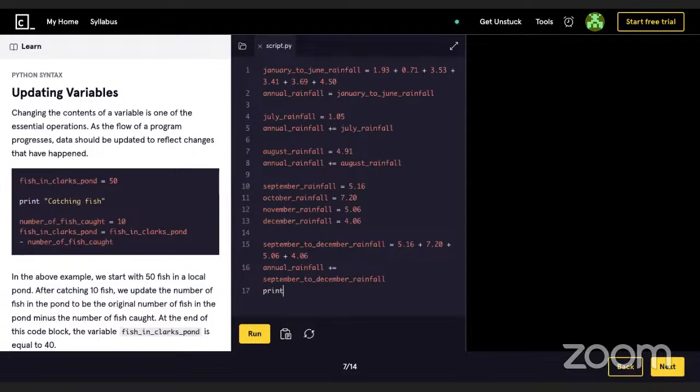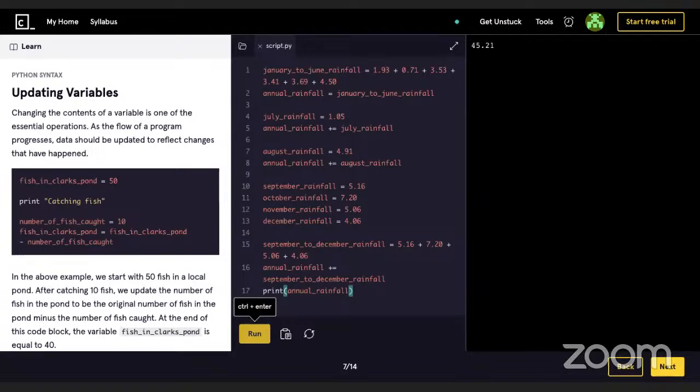Then you put brackets. Then you put annual_rainfall, with an underscore after annual. Then I think you should run it. It should work.